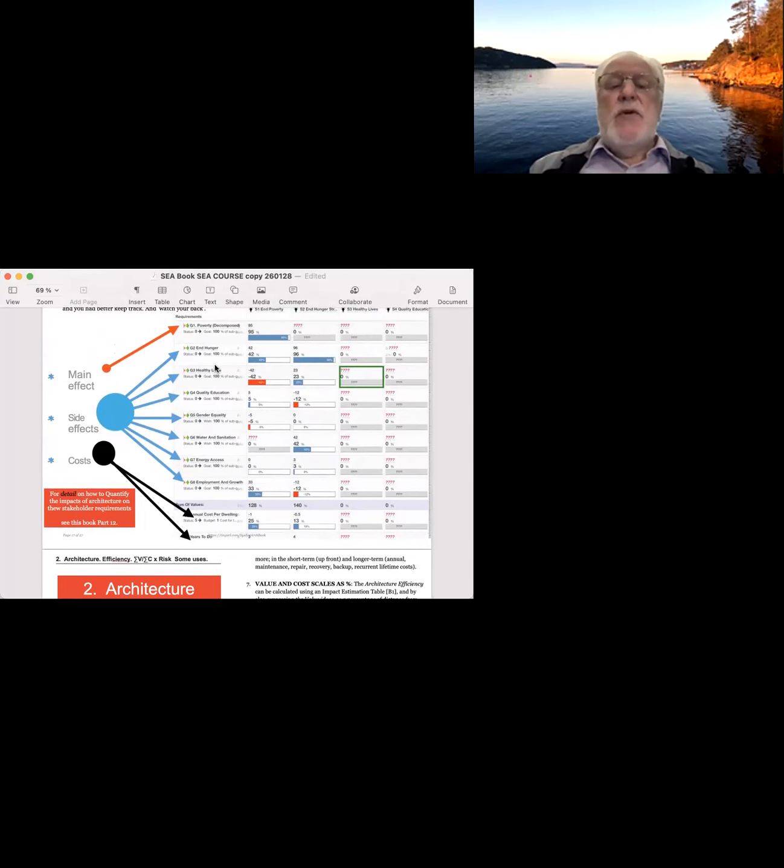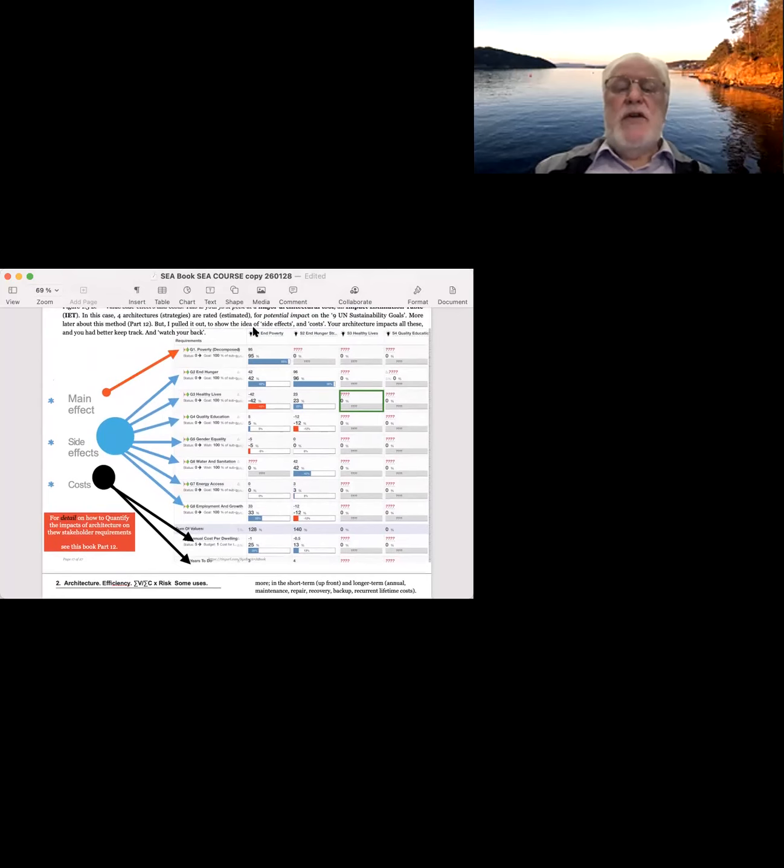They don't know how to do it, or they say it's soft and it can't be done. That's called ignorance, but we'll try to do something about that ignorance if you happen to have it, okay? You must quantify your values so that you can quantify the contribution that your architecture makes, and that's done here in the table.